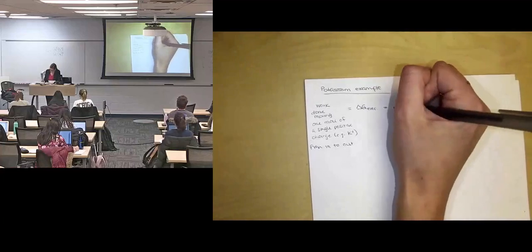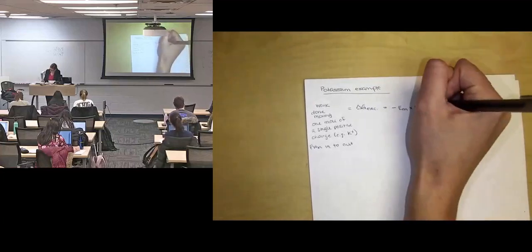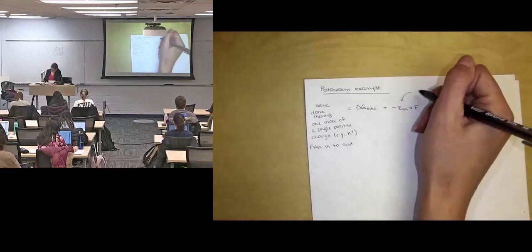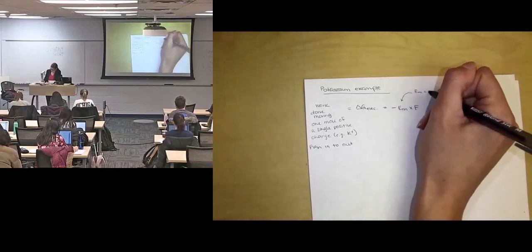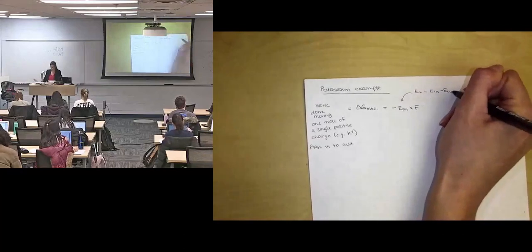This is equal to negative the membrane potential times Faraday, where E sub m is equal to E in minus the potential on the outside.